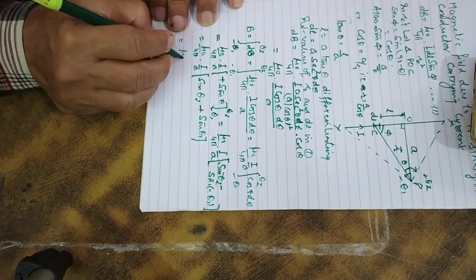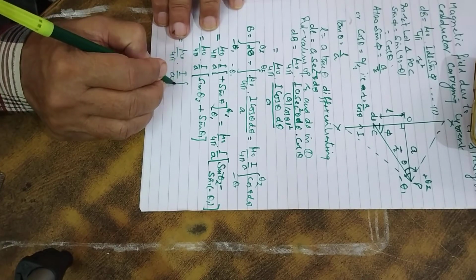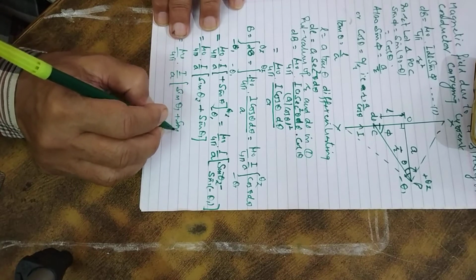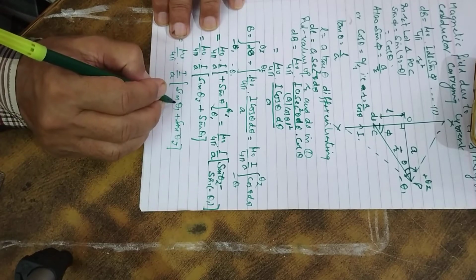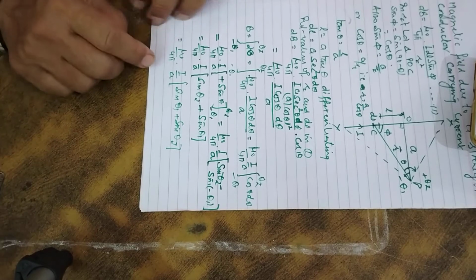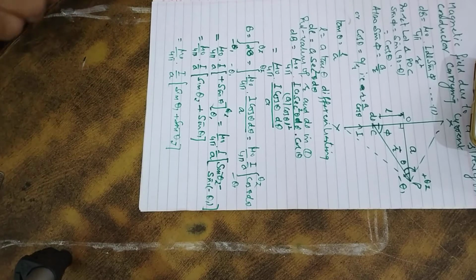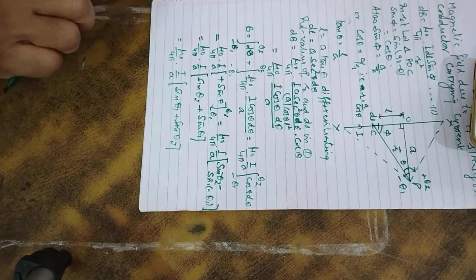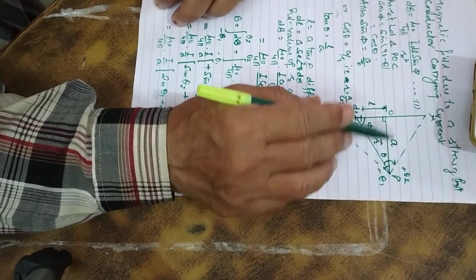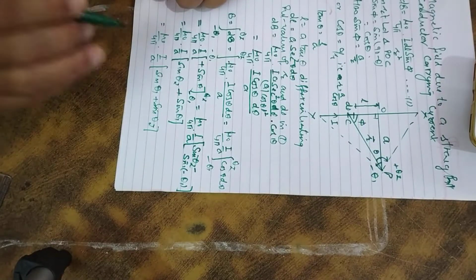Or I can write it as mu0 upon 4 pi, I upon A, sin theta 1 plus sin theta 2. So this is the formula for magnetic field due to a long straight conductor at a point P, distance A from the conductor XY.